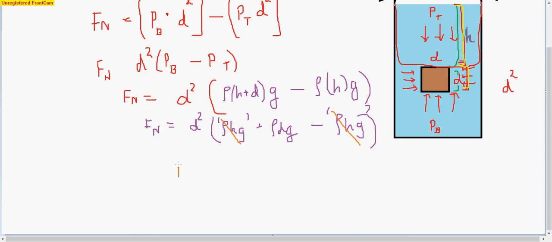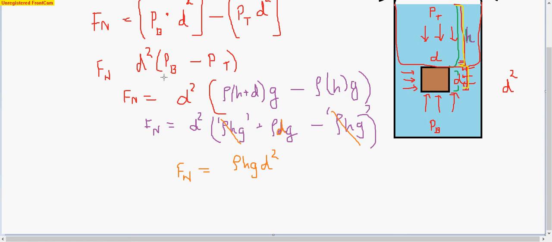From this we get Fn equal to rho Hg into d squared, right? Rho Hg, sorry, it's not rho Hg, it's d over here, so it's rho dg d square.